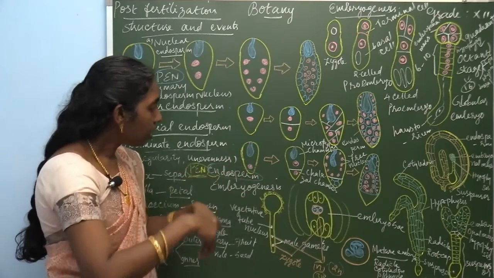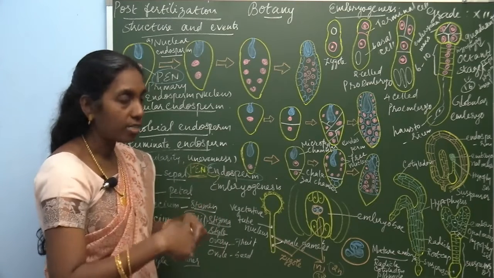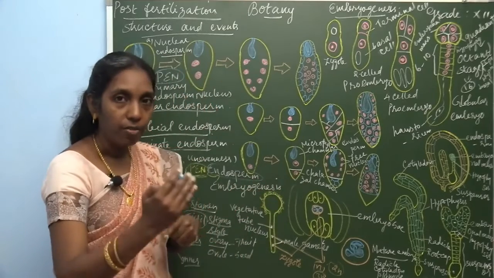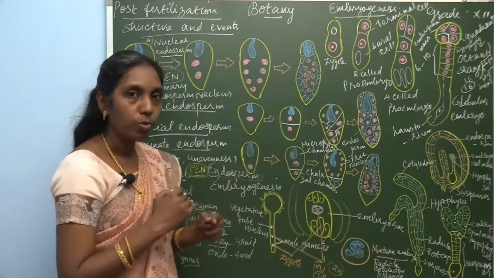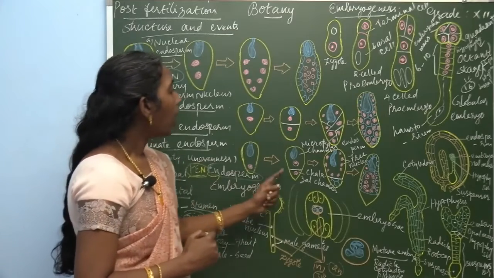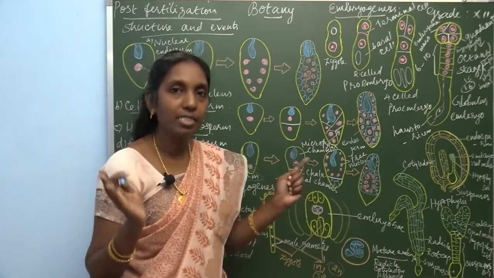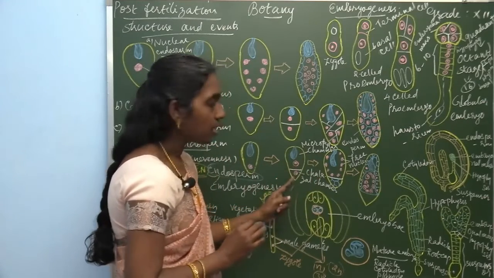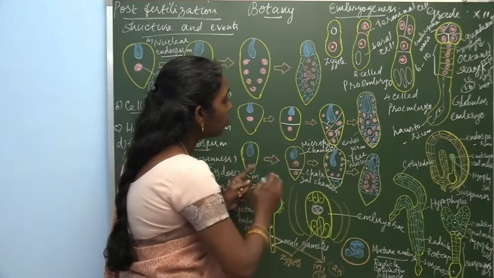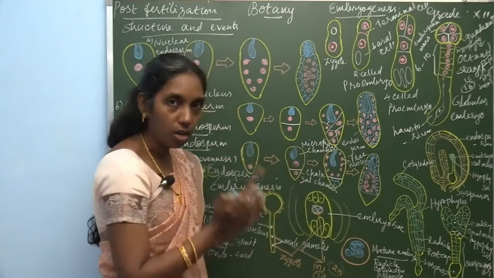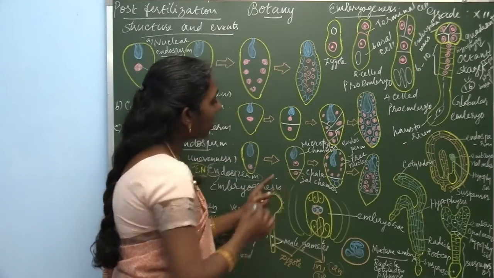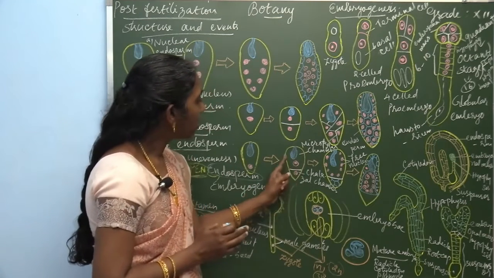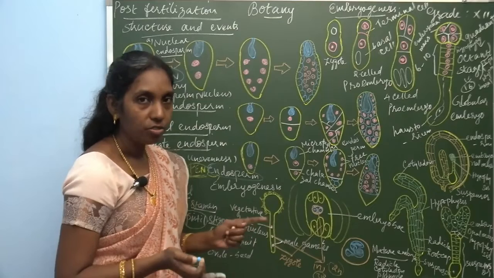So it moves to the lower part, the chalazal end, and divides into two, producing two different chambers. Look at this diagram. There are two chambers. The upper part, towards the micropylar end, is very large, and the chalazal chamber is very small.